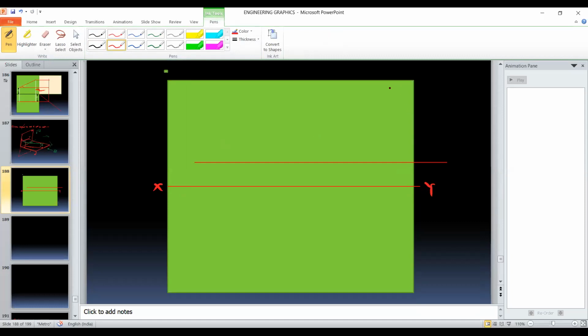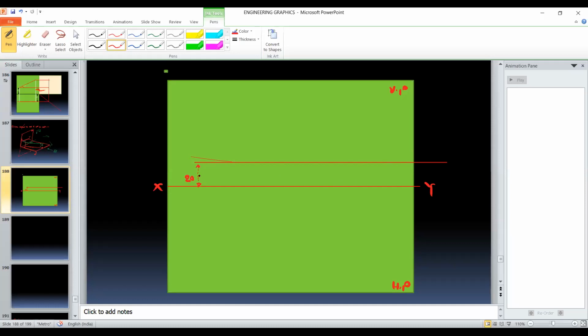Above the XY line, show the vertical plane, and below the XY line, it is the horizontal plane. Now from the XY line, you can observe the three-dimensional view. The distance of point A is specified. It is 20 mm above the HP. So take the distance 20 mm and draw one horizontal line. This is not the actual front view. Just draw this line as a reference.